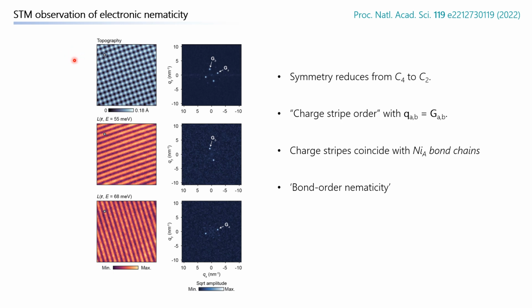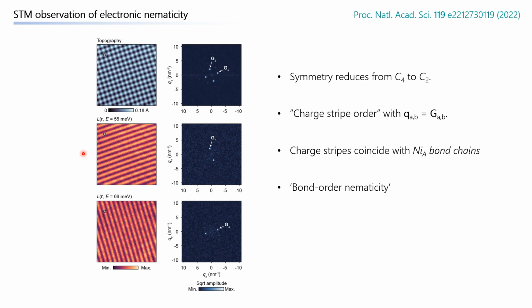So STM can also do tunneling spectroscopy measurements, which are resolved both in space and in energy. So here we do such a measurement in a small field of view like this. Now the tunneling spectroscopy gives us a conductance that's proportional to the local density of states. So these are images of the local density of states at certain energies.